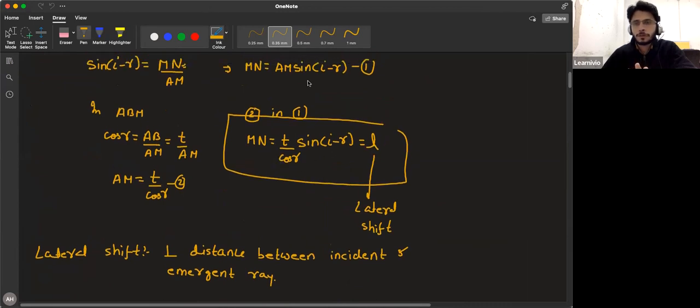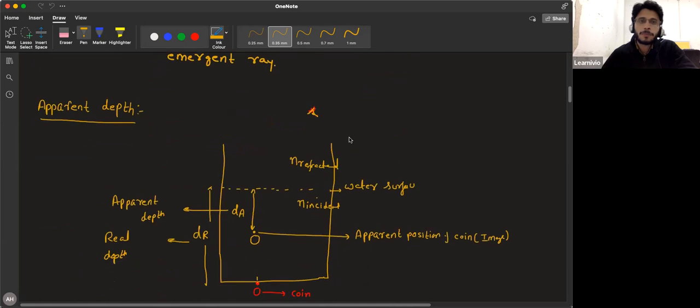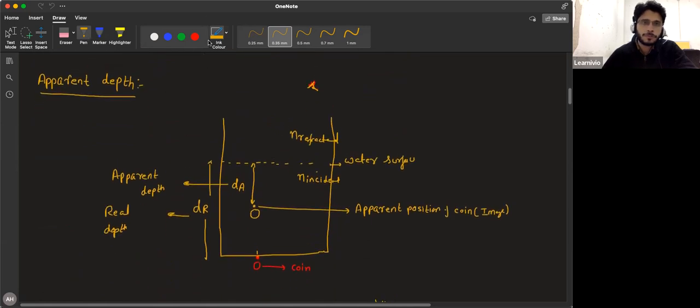Everyone has written up to here? Yes, sir. Usually we don't get questions from the glass slab, but this derivation is part of the syllabus, so we should do it. The next is apparent depth in a plane surface, and the next topic is TIR, total internal reflection. Those are two very, very important topics.